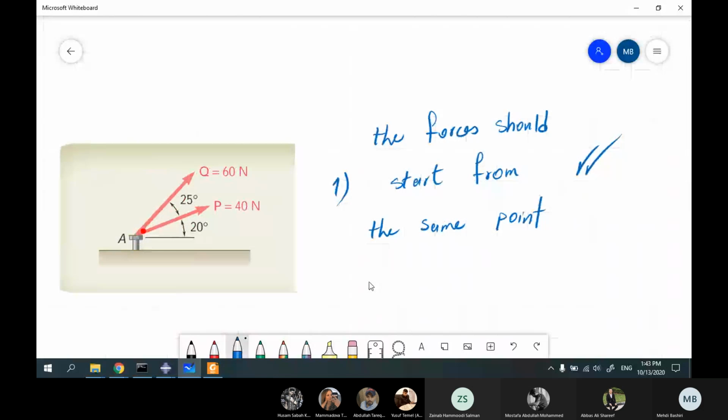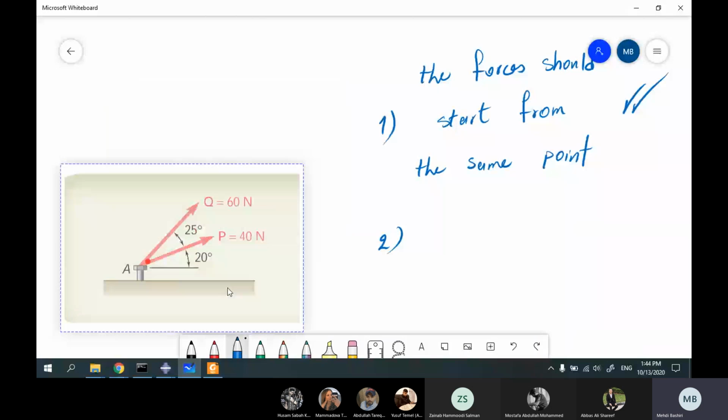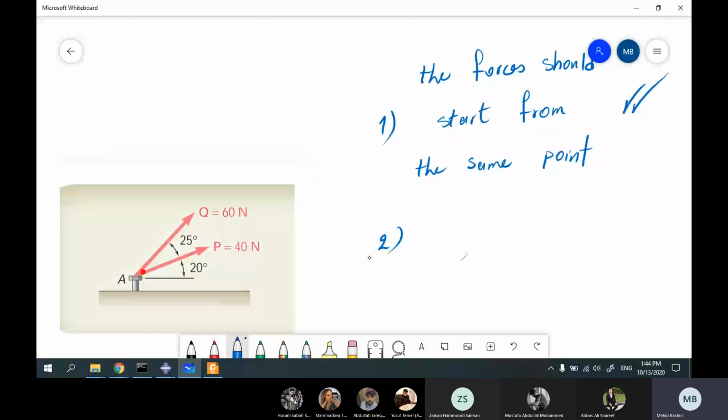The second one, when we want to use the parallelogram, we have to form or make a parallelogram.